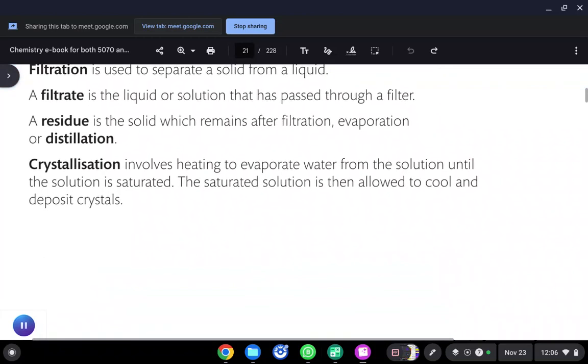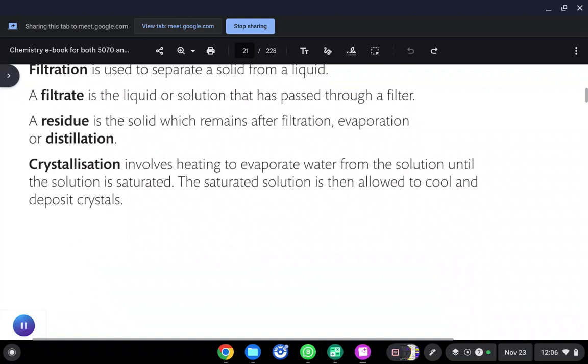What is crystallization? Normally we are all aware of it, but there are a few scientific steps which we must follow during crystallization, which I will tell you in this class. Crystallization involves heating to evaporate water from the solution until the solution is saturated.